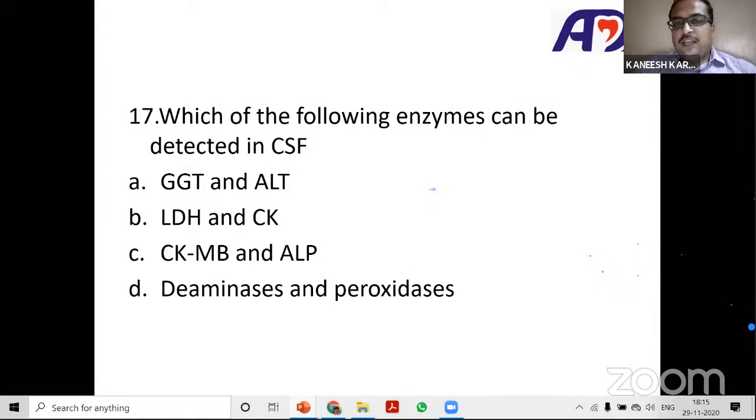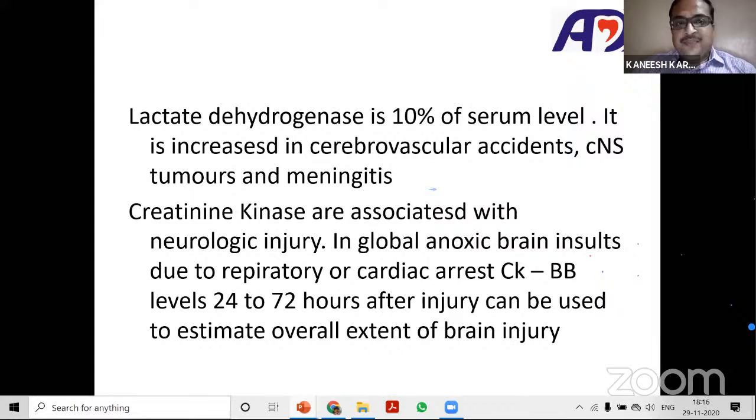Which of the following enzymes can be detected in CSF? Yeah, I can see multiple responses. The answer is LDH and CK. CKMB is detected in a cardiac event. Lactate dehydrogenase is 10% of serum level.